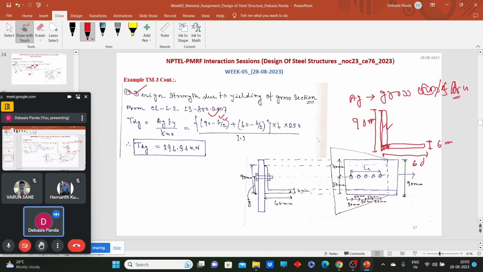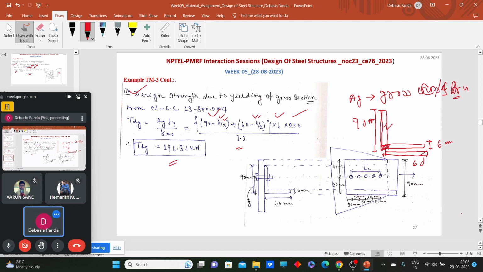Now for this leg, again we need to start from the center to the end. So 60 minus 6 by 2. This is the total width multiplied by 6. That will give us the gross cross-sectional area of the angle section. Multiplied by Fy divided by 1.1. So this way we can calculate the Tdg value. So Tdg, that is the design strength due to yielding of gross cross section, comes as 196.36 kilonewton.